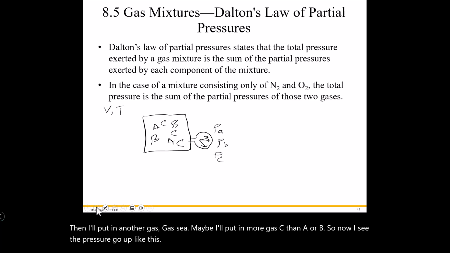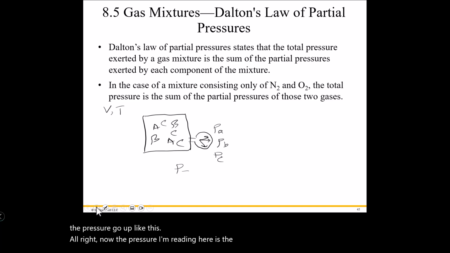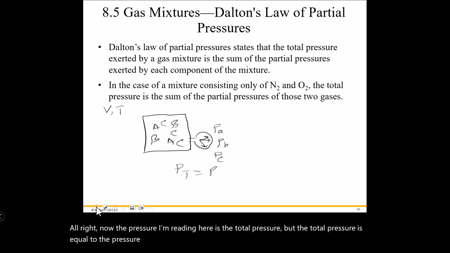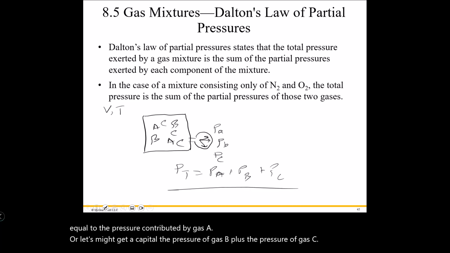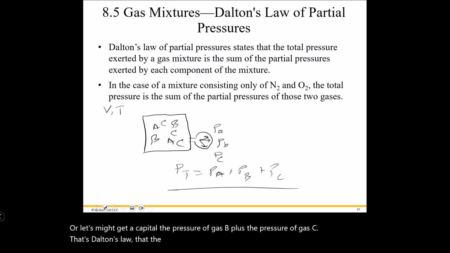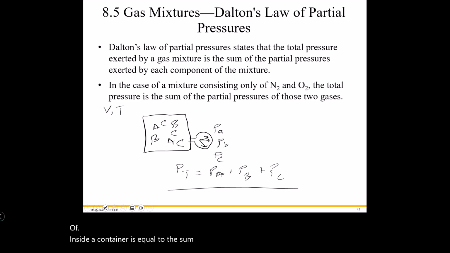All right, now the pressure I'm reading here is the total pressure. But the total pressure is equal to the pressure contributed by gas A, or let's make it a capital A, the pressure of gas B plus the pressure of gas C. That's Dalton's law, that the total pressure inside a container is equal to the sum of the individual pressures, which we have a name for.